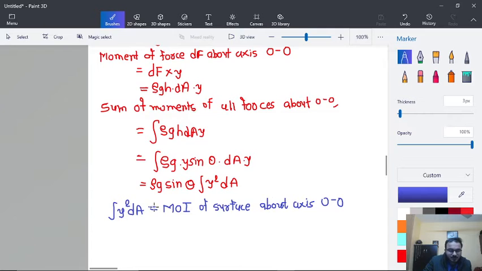So here this will be equal to I0. And we can continue this over here as rho g sin theta into I0.